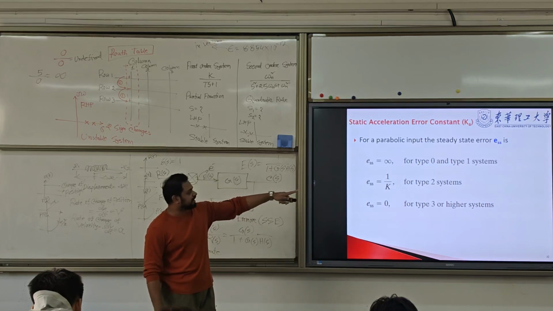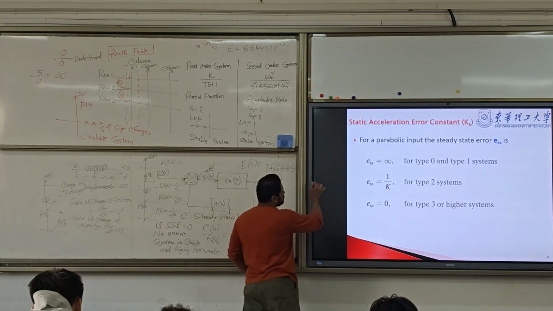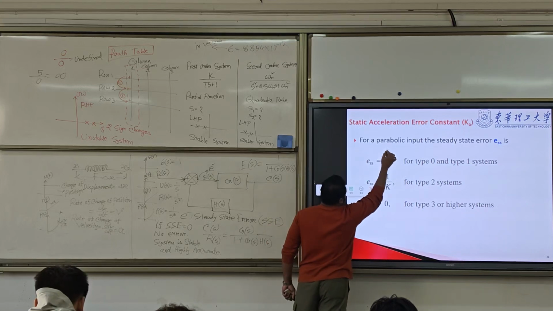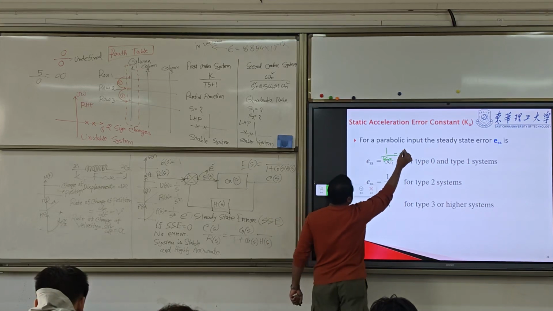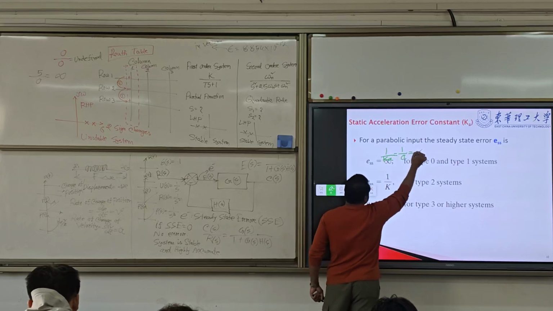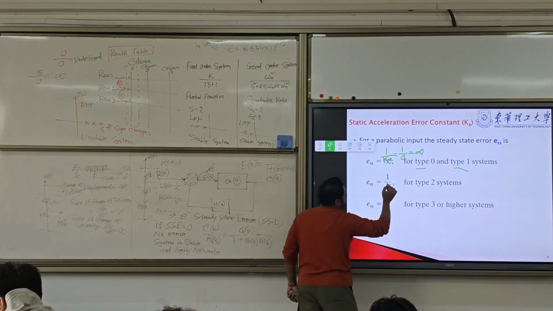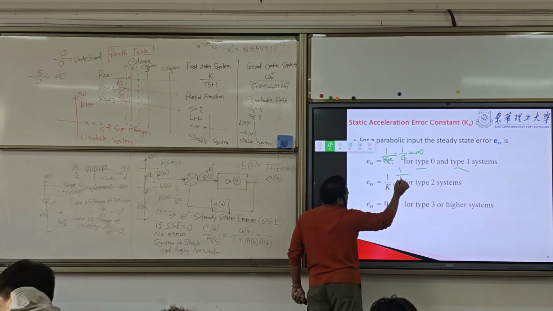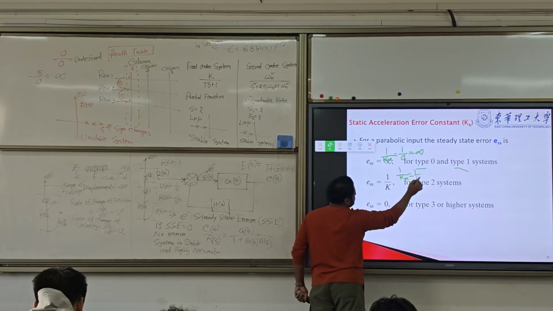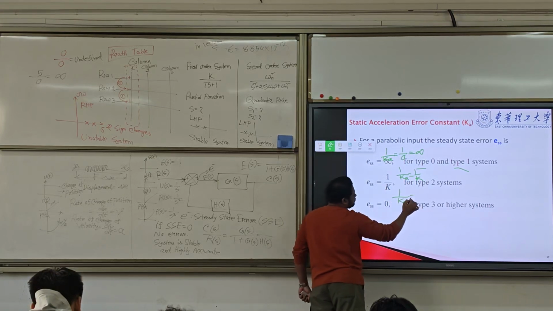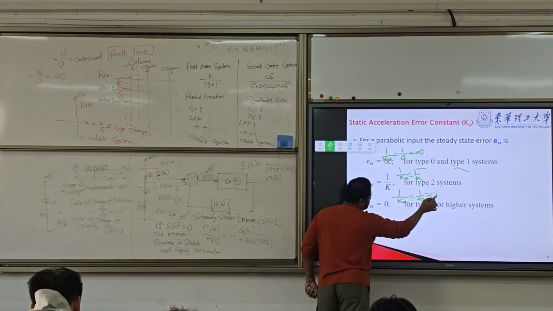So for type 0 and type 1, what is the value? This is nothing but 1 by Ka. So this is 1 by 0, which is infinity, both for type 0 and type 1. And then this is 1 by Ka, which is 1 by K for type 2. And here it is 1 by Ka, which is something by infinity, equal to 0.